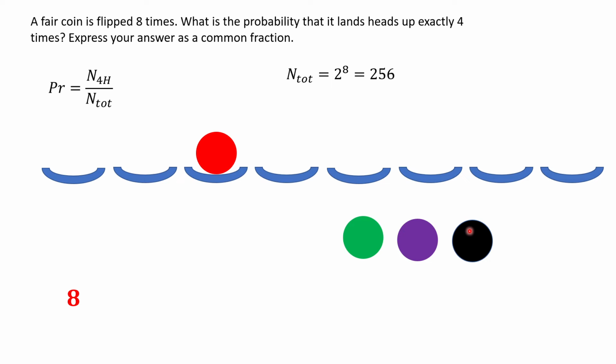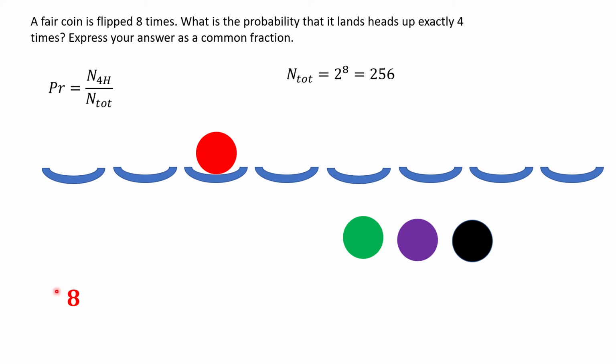Now the question is, once I put the red ball here, how many ways can I put the green ball after I put the red ball? Well, there are 7 spots left. So obviously there are 7 ways to put the green ball. But remember, that is 7 ways to put the green ball for every position of the red ball.